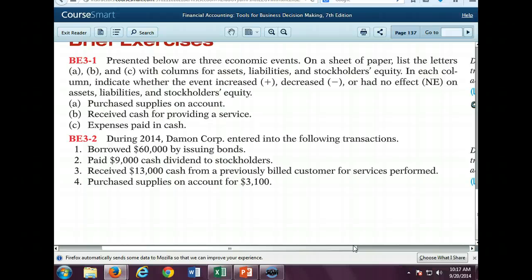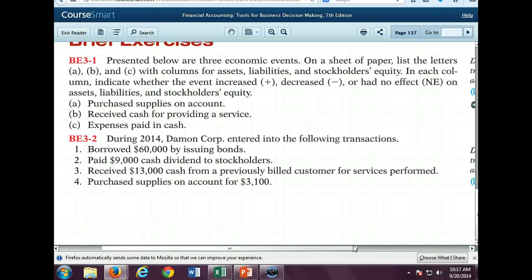What happens when we issue bonds? Think about it. If we go to the bank and take out a loan, what do we get? Money. But we also increase our liability, don't we? Bonds are the same way. When we issue bonds, what do we receive? Money. What happens to our bonds payable?